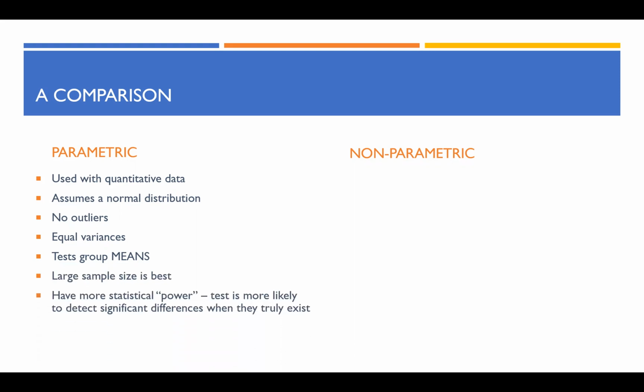The other thing about a parametric test is that it has more statistical power. Quote, power. The idea of statistical power is that the test is more likely to detect significant differences when they truly exist. Basically, in a sense, they're more accurate.